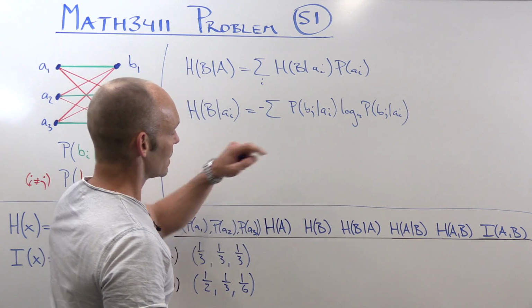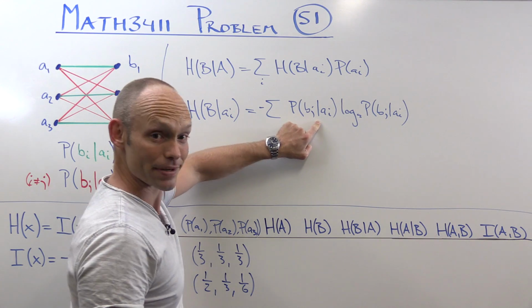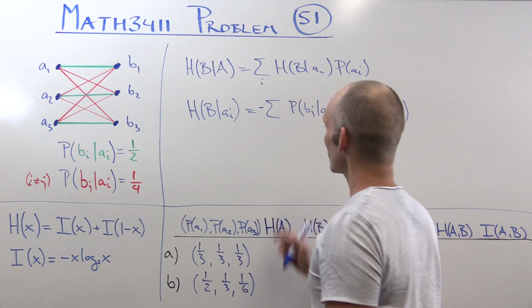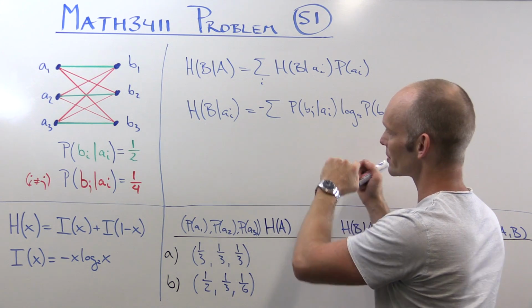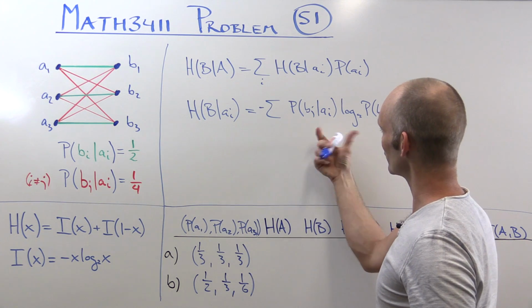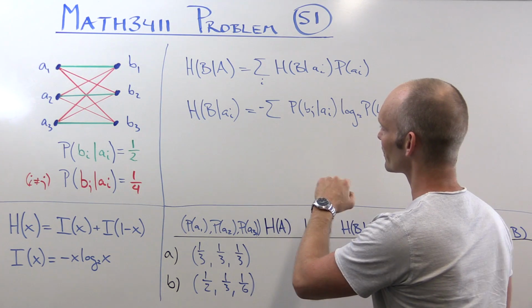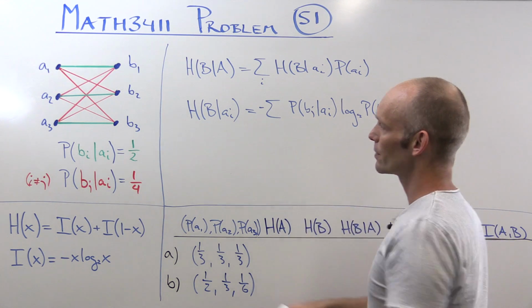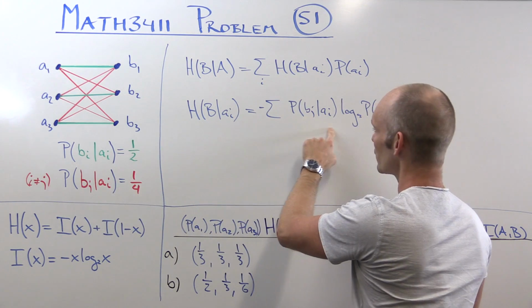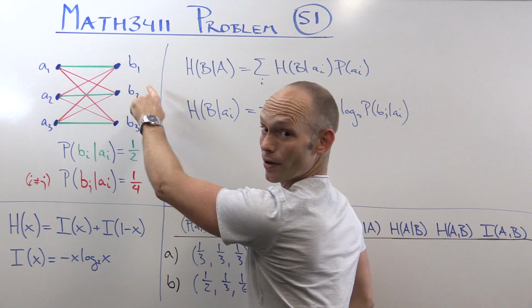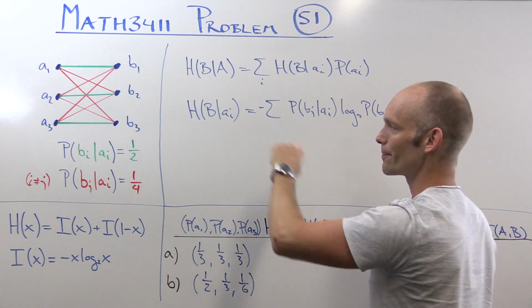Now, these conditional probabilities, they are the same regardless of our Bj's. The order is just different. So for any given Ai, for instance A1, then we'll have that one of these probabilities is a half, the green line, and the other 2 are red.